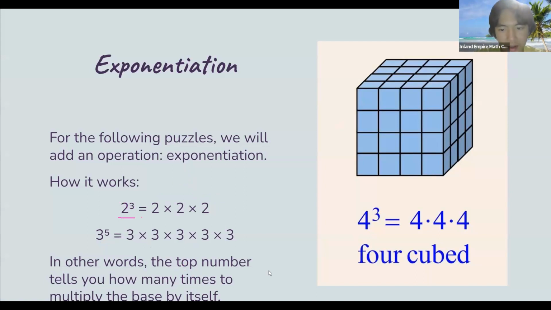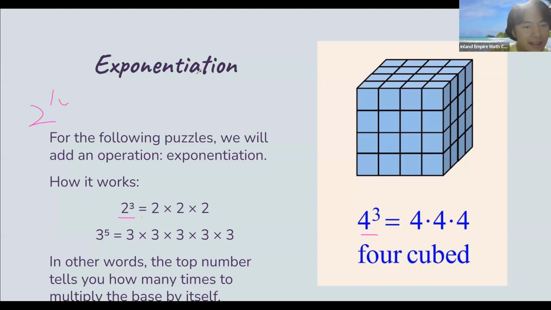So then you'll have 4 to the third is equal to 4 times 4 times 4, or 4 cubed. Yes, Yue? So you mean if I do a 2 and the top number is 10, so the answer is 20? No, actually.